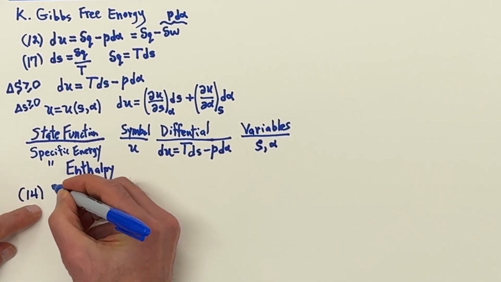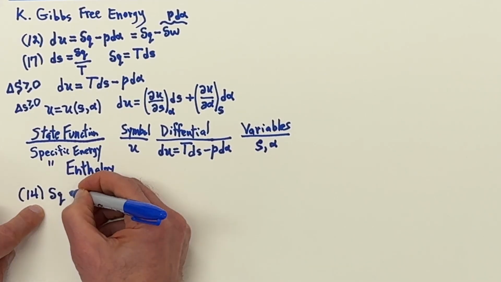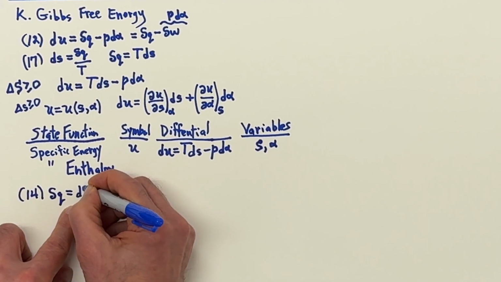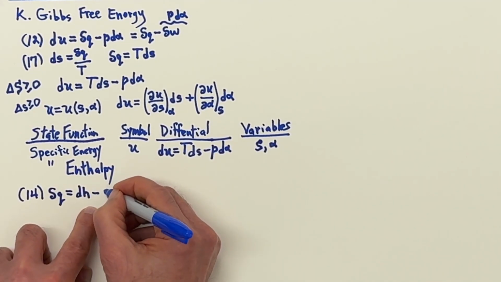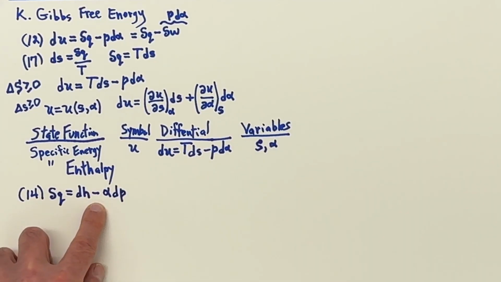Equation 14 is the infinitesimal heat transfer per unit mass is equal to the differential enthalpy per unit mass minus alpha dp. So this equation we have derived earlier in our course.